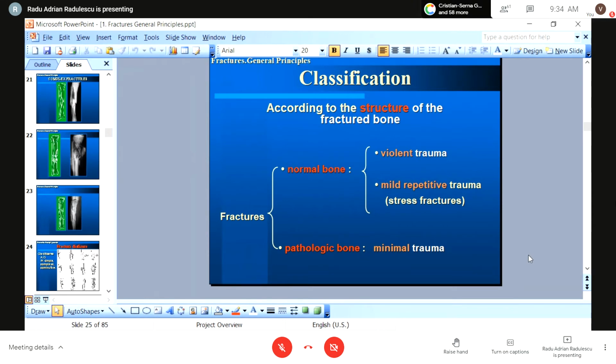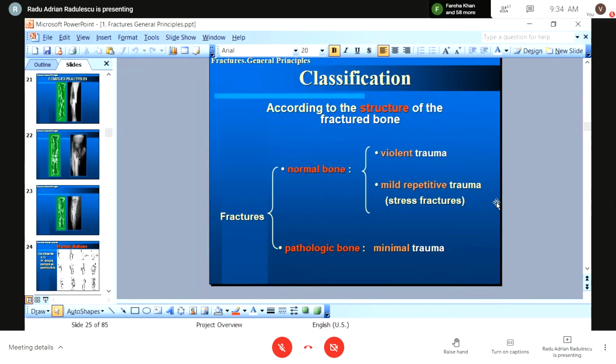Usually, the fractures on normal bone need a violent trauma. I mean, what I said before in the definition, a trauma which exceeds the resistance of the normal bone. So one violent trauma may lead to a fracture. Or we have also, let's say, a more rare condition which refers to a mild repetitive trauma.